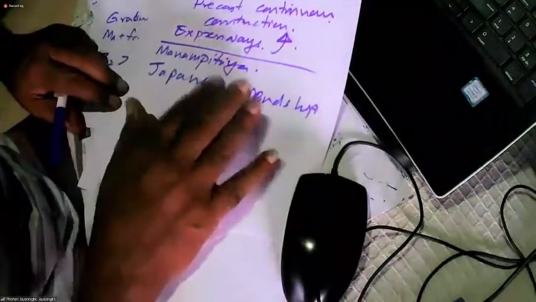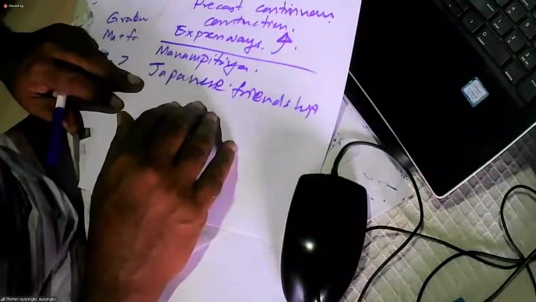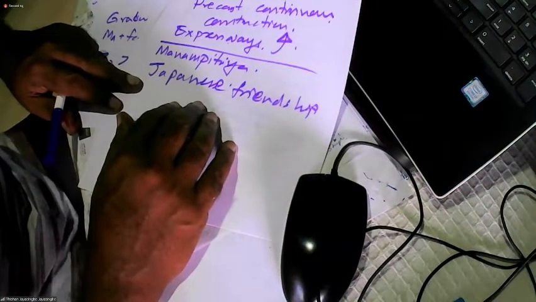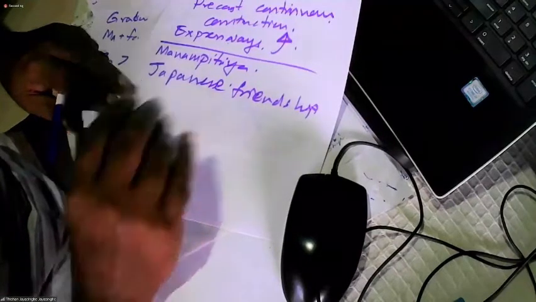So these are the two bridges in Sri Lanka which are truly pure continuous. All the other bridges are actually precast continuous construction.